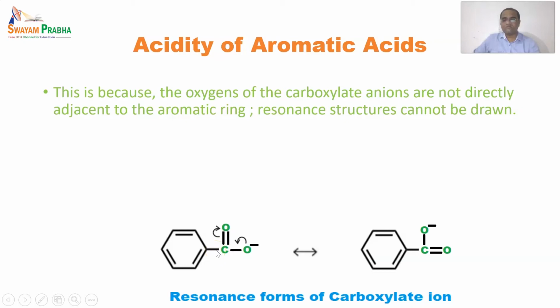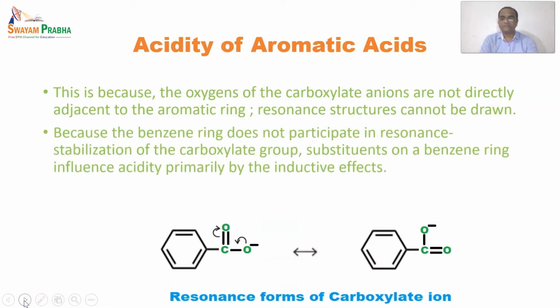If it was, the aromatic ring would be involved in delocalization of the pi electrons, and that happens in phenol, where the oxygen with a negative charge delocalizes. But here in between it has a carbon, and that is why there are only these two resonating structures, and beyond these it will not form any.